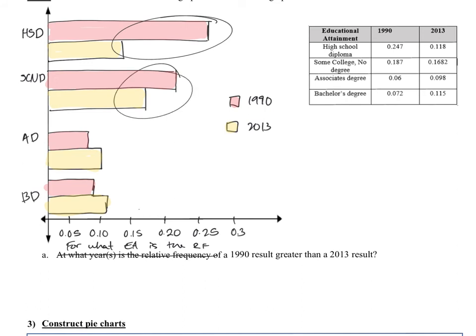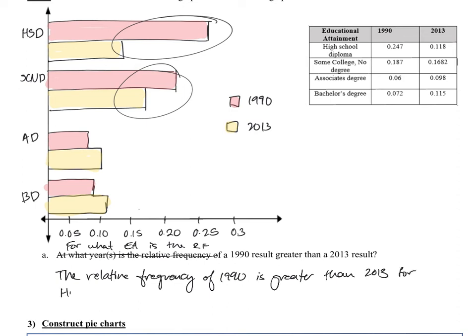So, the relative frequency of 1990 is greater than 2013 for high school diplomas and some college, no degree.